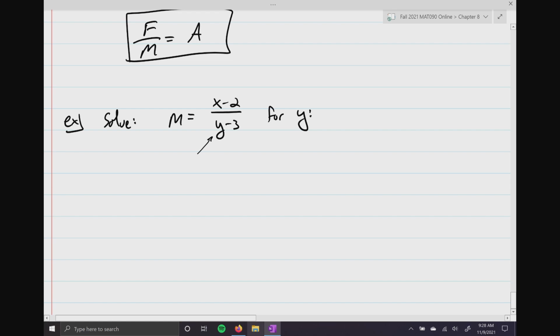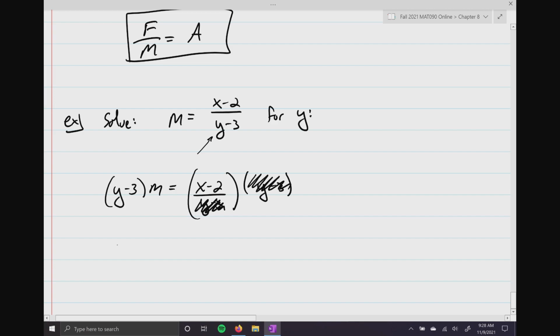So the easiest way to get it up with everything else is to multiply both sides by that denominator. So y minus 3 times m is going to equal x minus 2 over y minus 3, but remember, we're going to multiply this by y minus 3. We do that so we can reduce on the right-hand side. So now I have y minus 3 times m equals x minus 2.